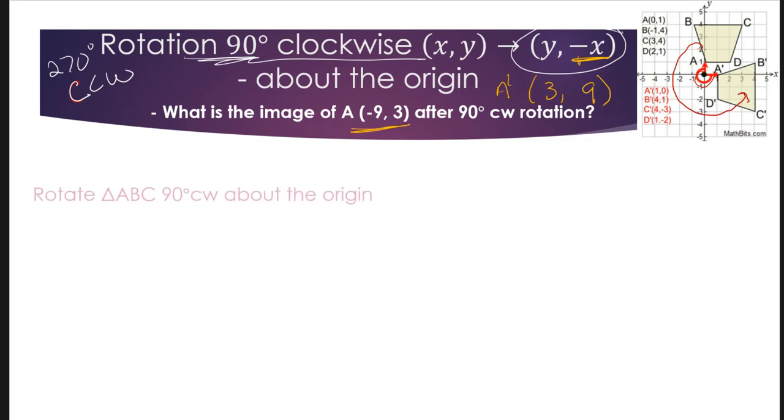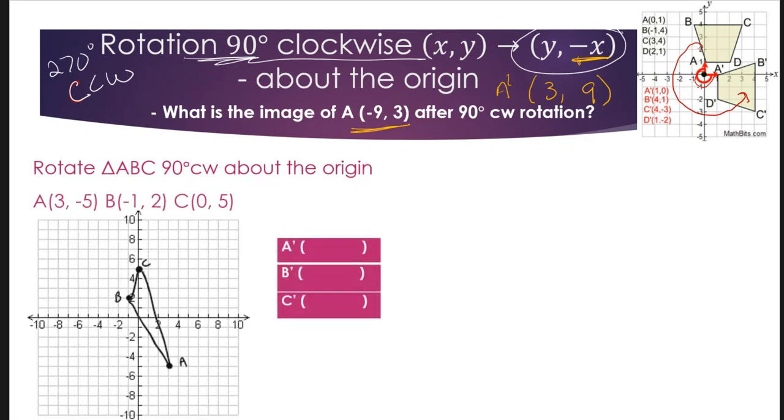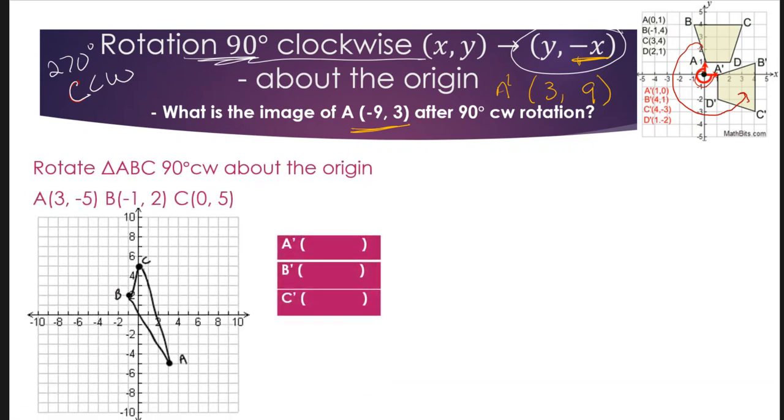And let's look at our first graph. Again, I'm keeping the same graph for this one as well. Already have it plotted. So let's just practice applying the rule to get the new point. So again, we're switching and we're changing the sign of the new x. So for A prime, it's going to be -5, 3.